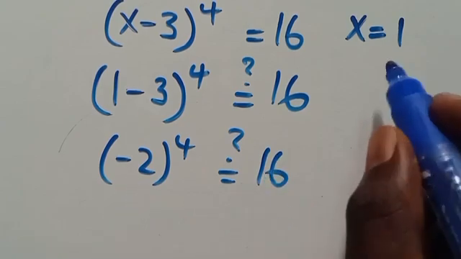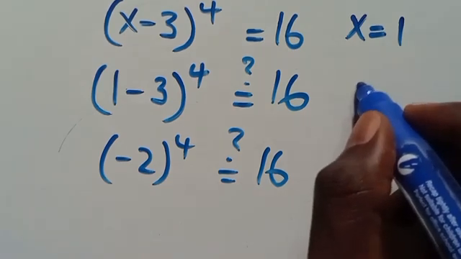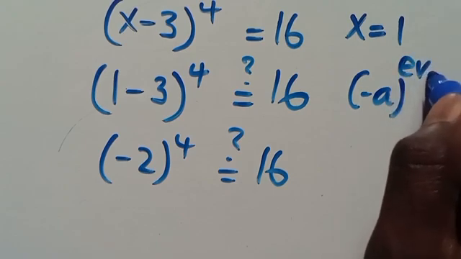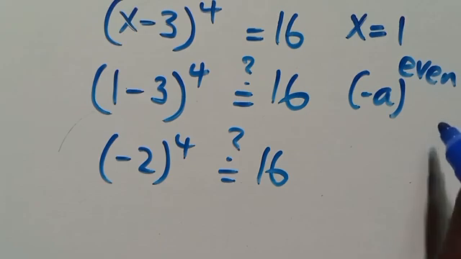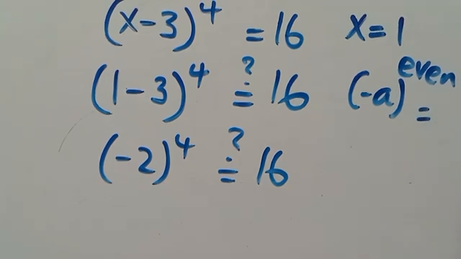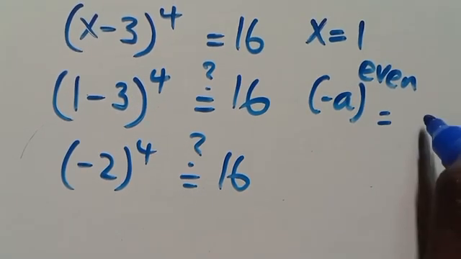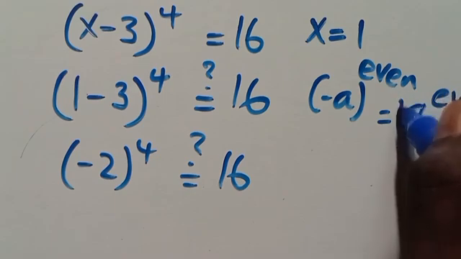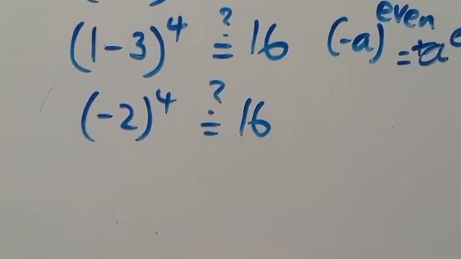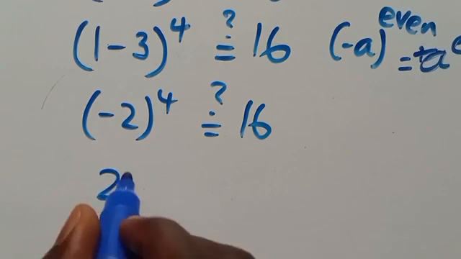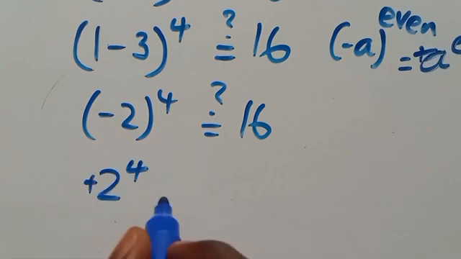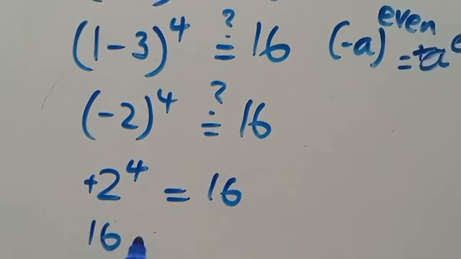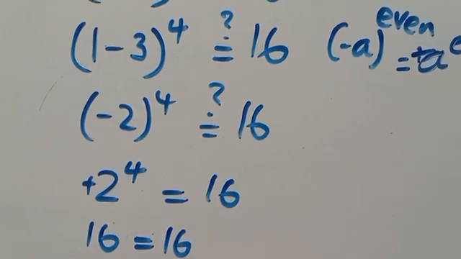Anytime when you have minus a to the power of even, this will be equals a to the power of even, positive. So when you apply it here, we have 2 to the power of 4 back, then equals 16. From here, 16 equals 16.